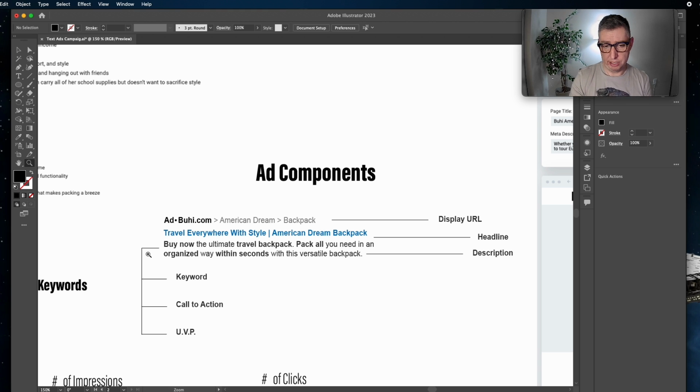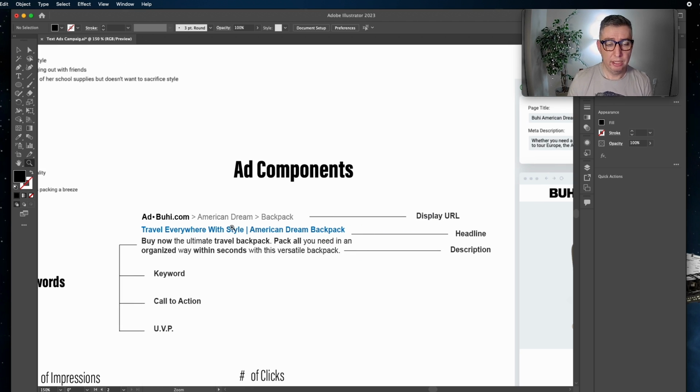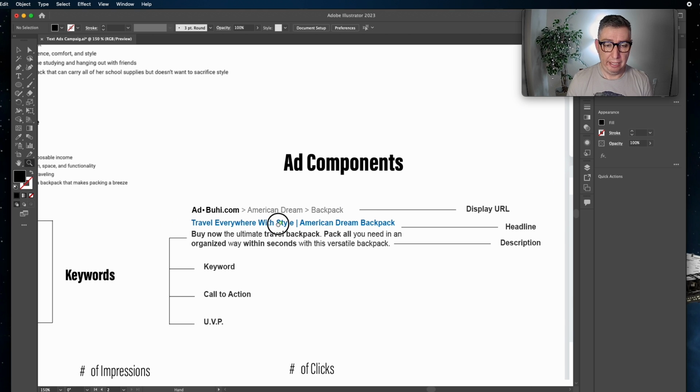And it provides trust as well, because if I'm looking for a backpack, I want to be taken to a backpack product page. So it's very important to place information that will help your customer understand where they're going to be taken. I'm thinking about Sue, and she is looking for a backpack, right?